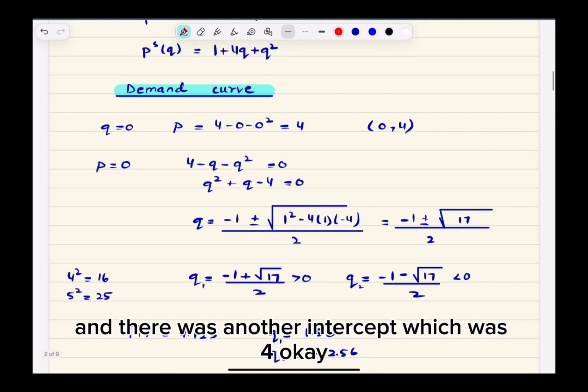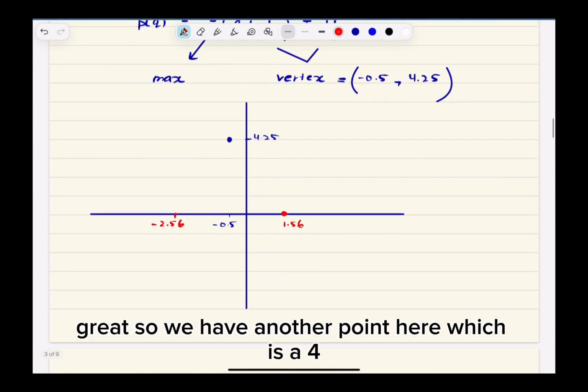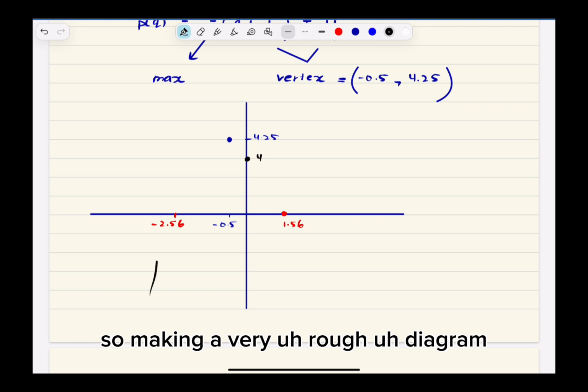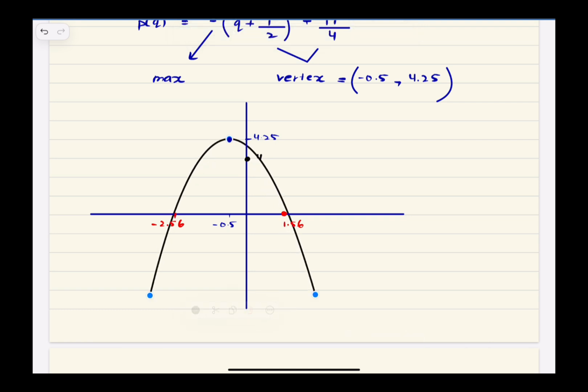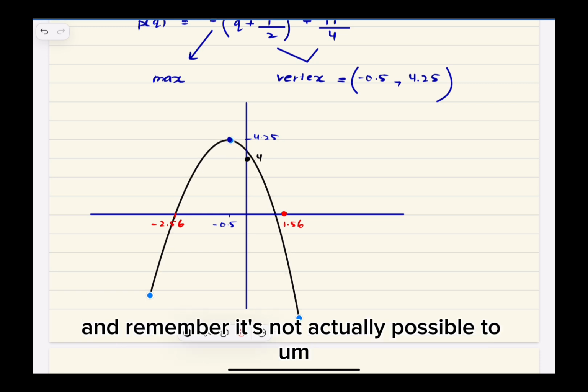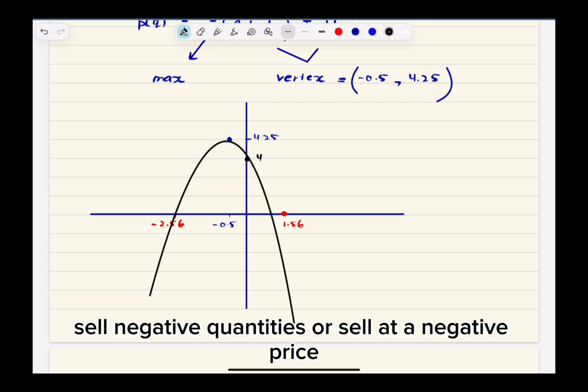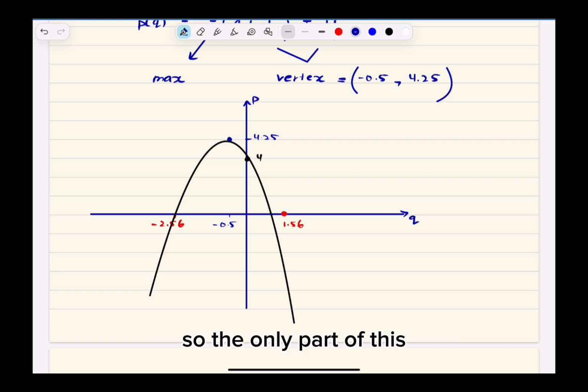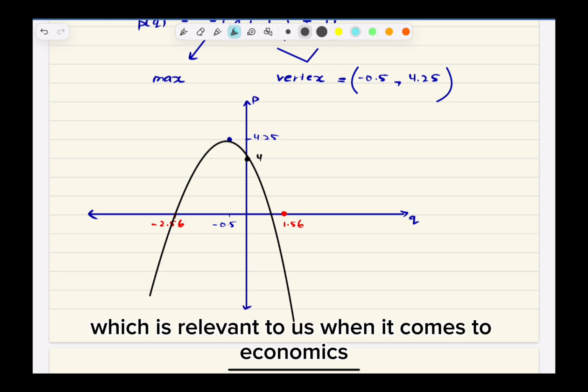And there was another intercept, which was 4. Okay, great. So we have another point here, which is 4. So this is a very rough diagram, not drawn to scale. This is what the demand function looks like. And remember, it's not actually possible to sell negative quantities or sell at a negative price. So the only part of this which is relevant to us when it comes to economics is just this part.